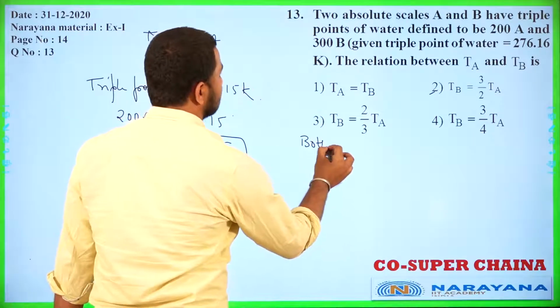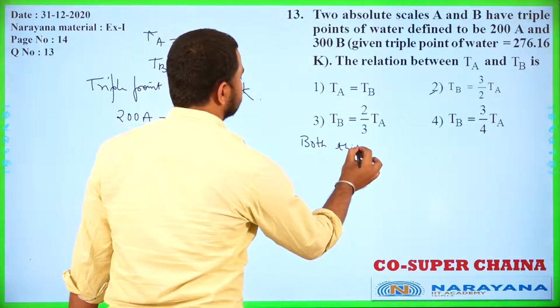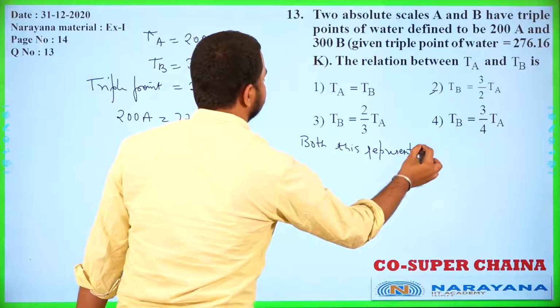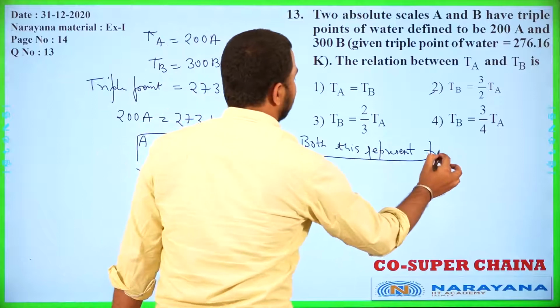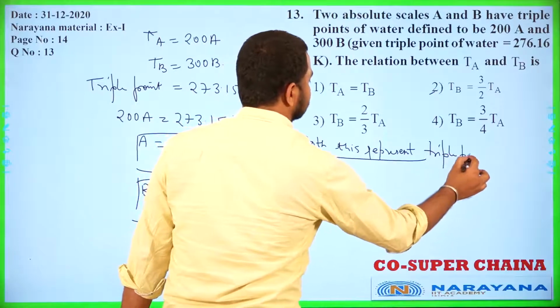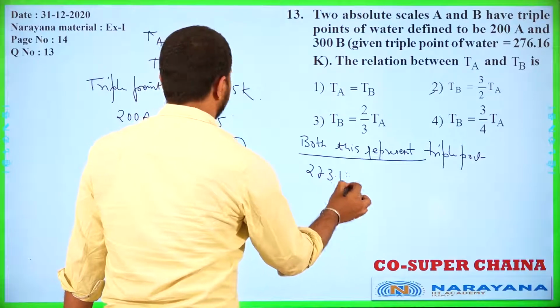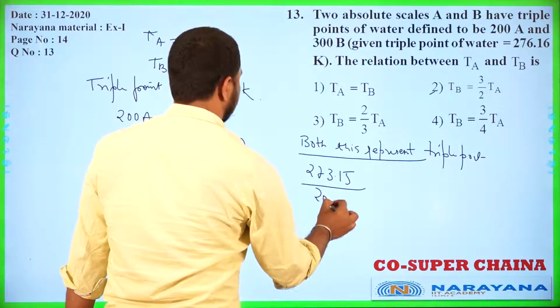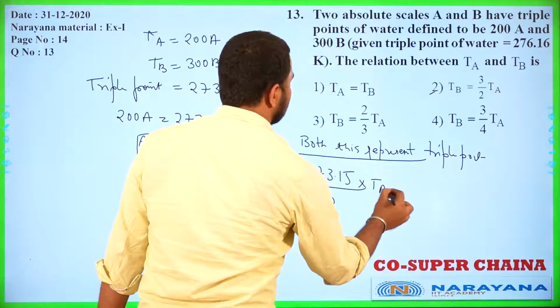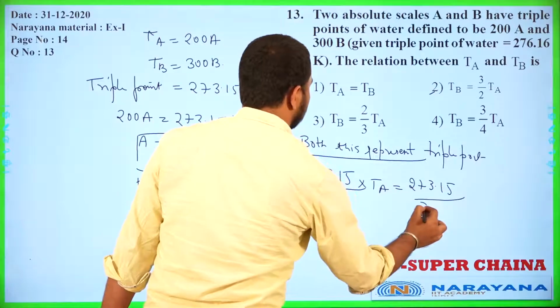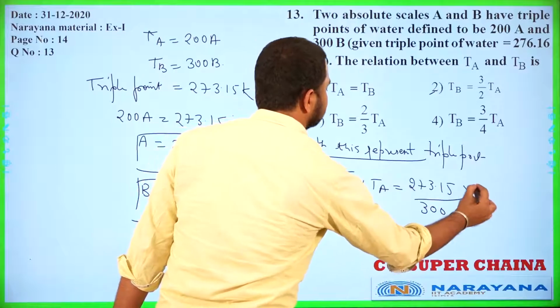Now both of these represent the triple point. Already we have done a similar question. So what we can write here is 273.15 by 200 into TA will be equal to 273.15 by 300 into TB, right?